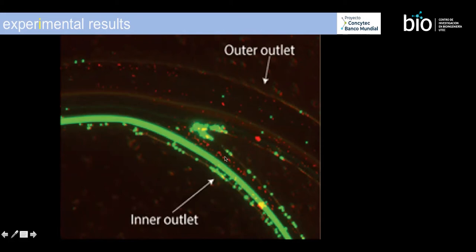So we see more red particles going into the inner outlets, but most of them are still going through the outer outlets. So you can see a clear separation. You can see these lines, the red line flowing here, so that's the particles in motion, and the green line is the green particles in motion. So you see a clear separation of the particles by using this simple device.